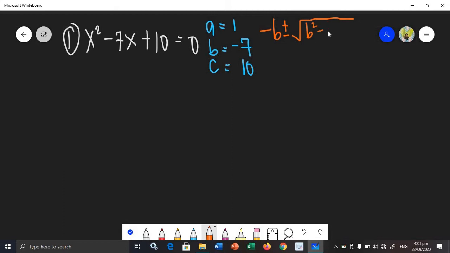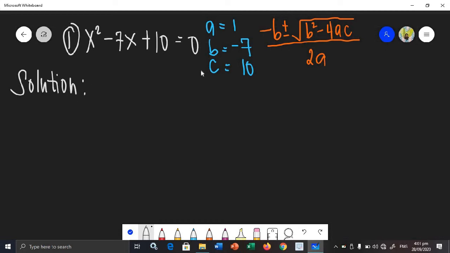So b squared minus 4ac all over 2a. Yan yung quadratic formula. So using that, we will substitute the values of a, b, and c using this formula. So I'm going to write my solution here. And then, I'm going to directly substitute the values of A, B, and C, okay?